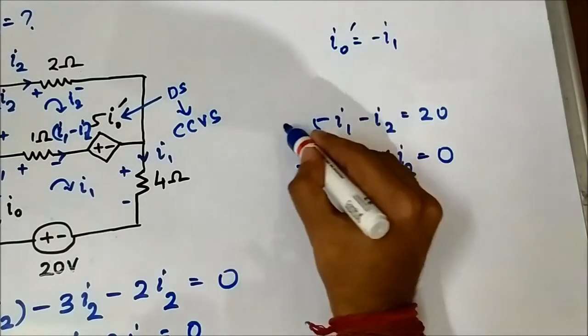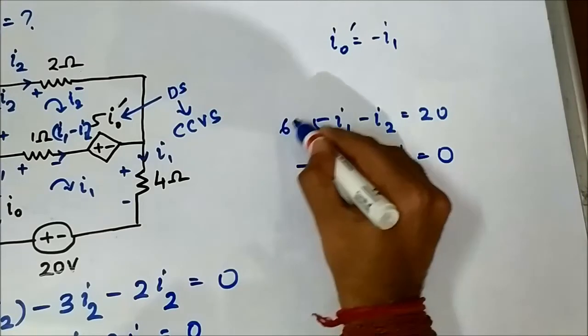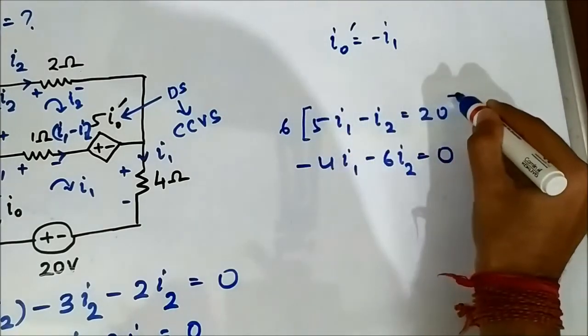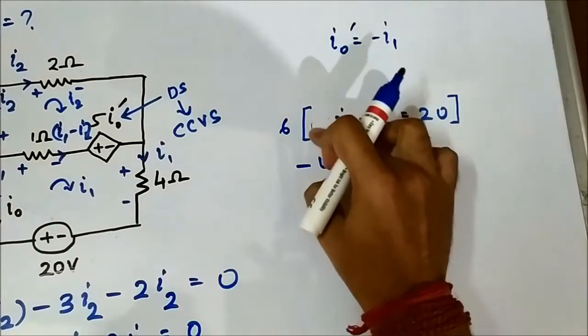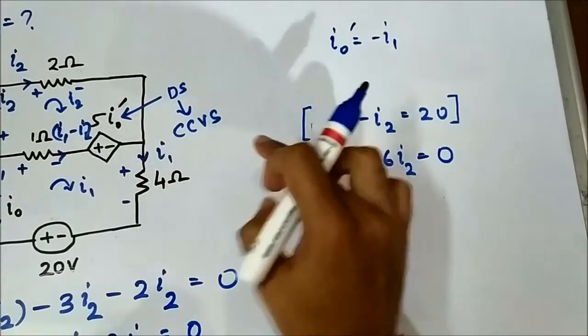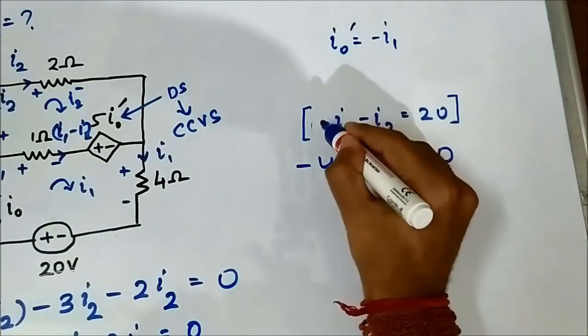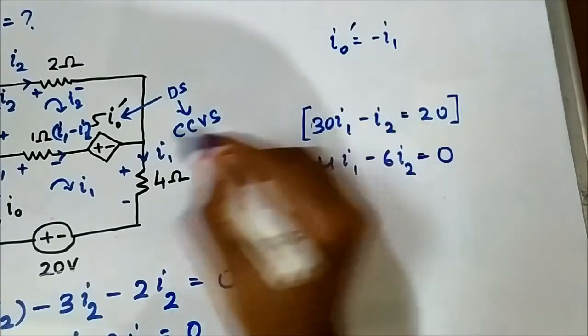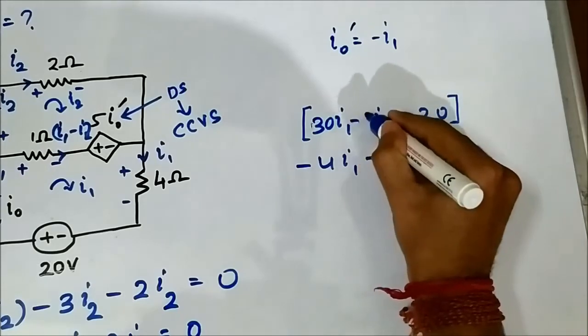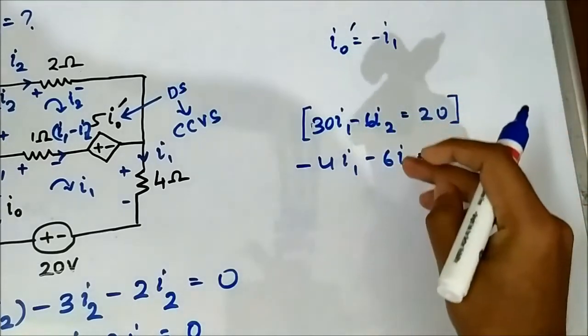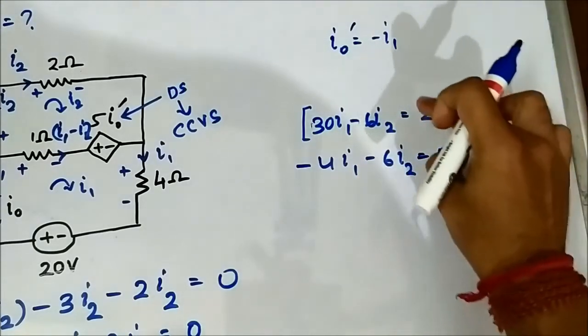Okay, so if we multiply 6 here, this will become 30. I'm multiplying 6 in this equation: it will become 30I1 minus 6I2, and this becomes 120.